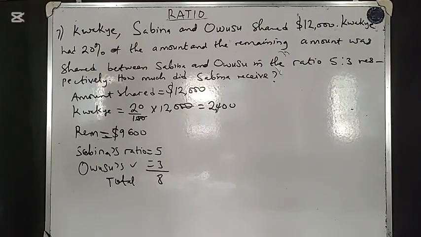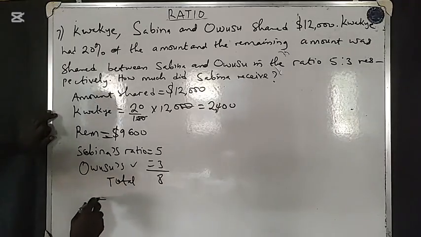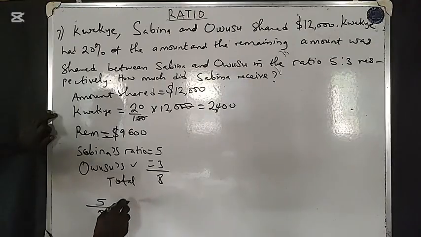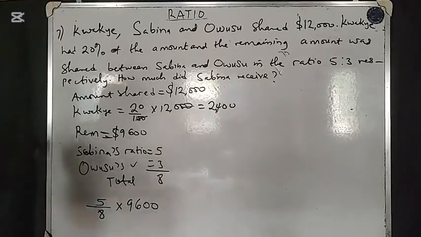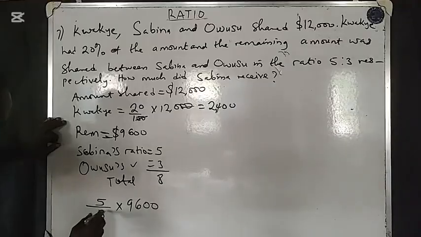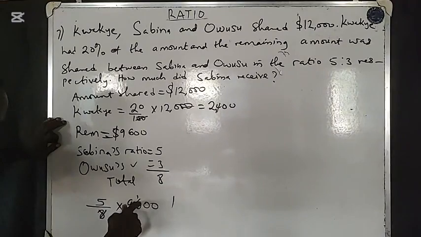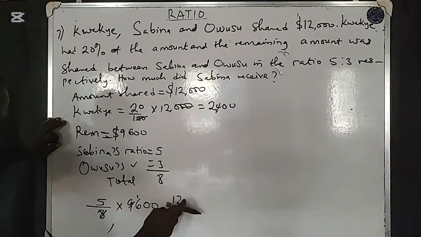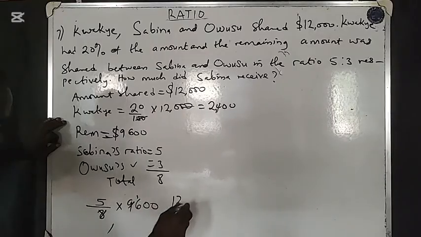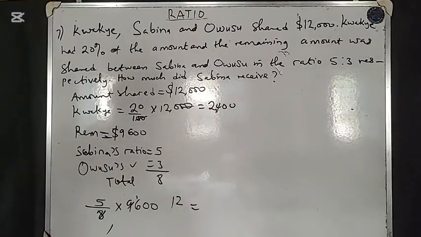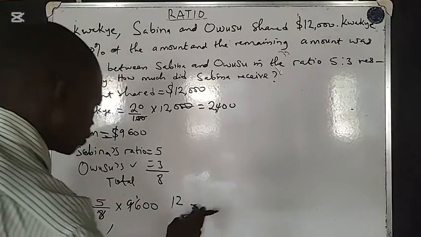Is it not so? So Sabina's share will be Sabina's ratio 5 over total ratio 8 multiplied by the amount they shared, the remaining 9,600. So can 8 go in this number? Yes. 8 in 9 is 1, remainder 1. 8 in 16 is 2. Becomes 12 now. 12 times 5.